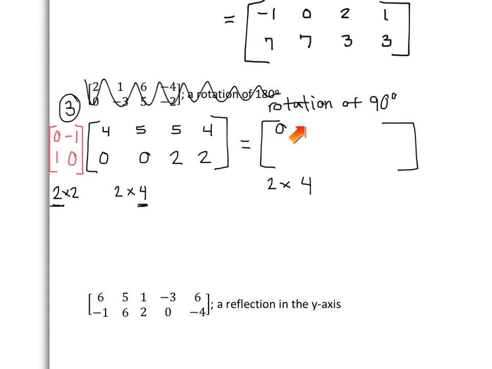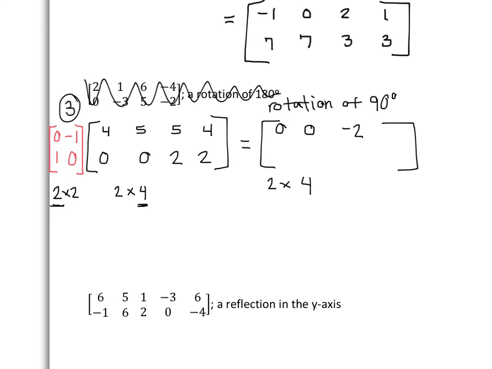In my next spot, I take first row, second column. So it's 0 times 5 plus -1 times 0. We get 0 again. Next one: 0 times 5 again is 0, -1 times 2 is -2, so 0 plus -2 is -2.